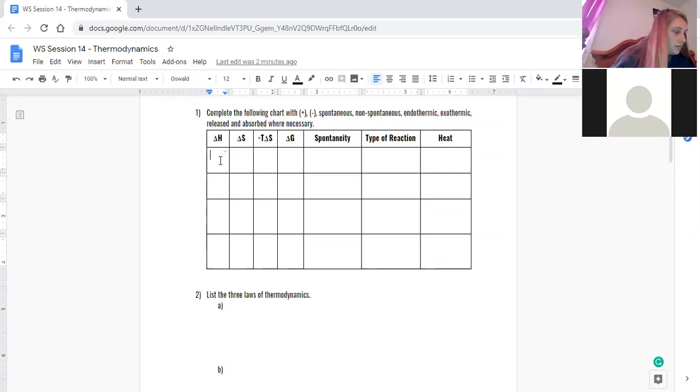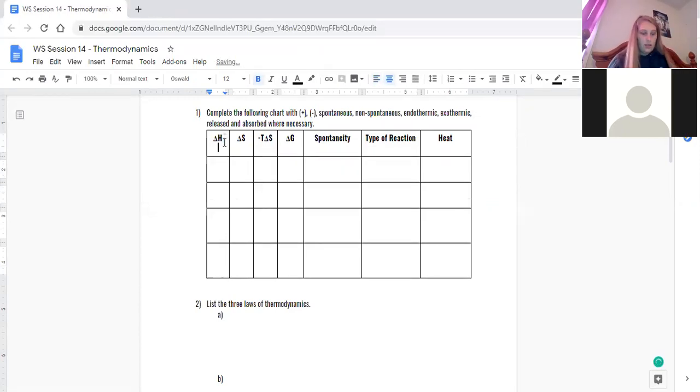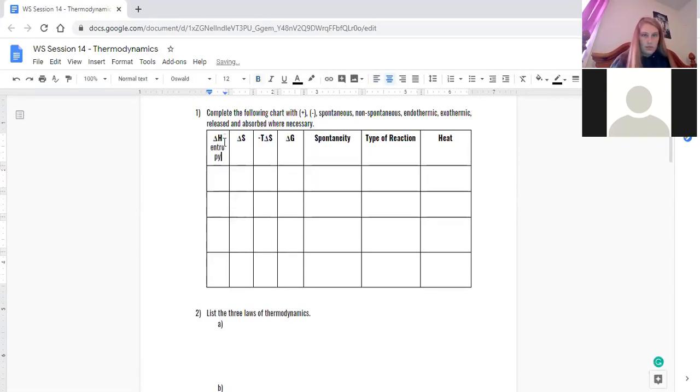So with this first one, just so you guys remember, delta H here. Yeah, so this is entropy if you don't remember, which is heat. That looks weird, but it's there.